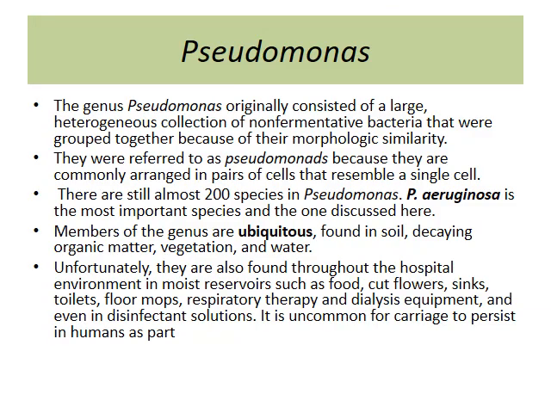So if you look at the genus, like a bigger group, Pseudomonas as a group, what you see is a heterogeneous collection of non-fermentative bacteria. Again, for the first 10 lectures, I'm very keen on asking and knowing whether you know how bacteria ferment, whether they need to ferment or not.